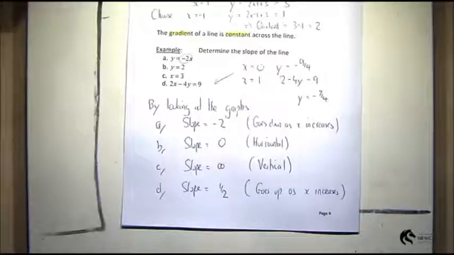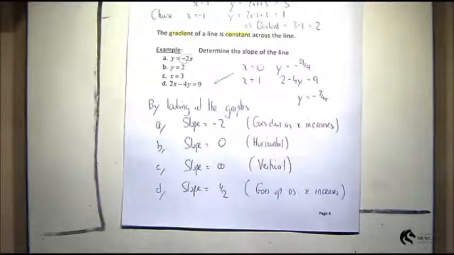So how much has it increased by? Where did that come from? It came from that times 1. So your coefficient is always going to give you your slope. Okay? So whenever you write the equation of the line with y as the subject, the slope is given by the coefficient of x.